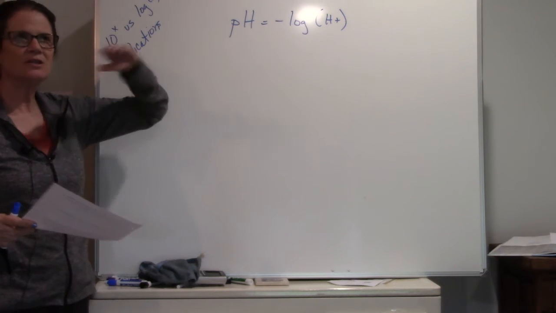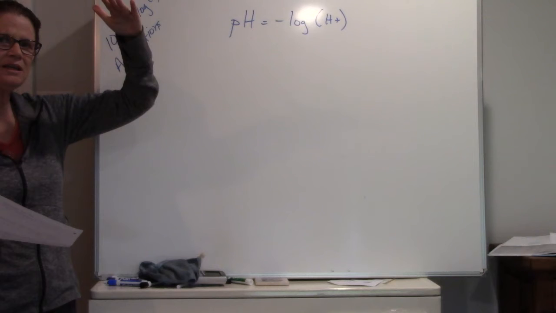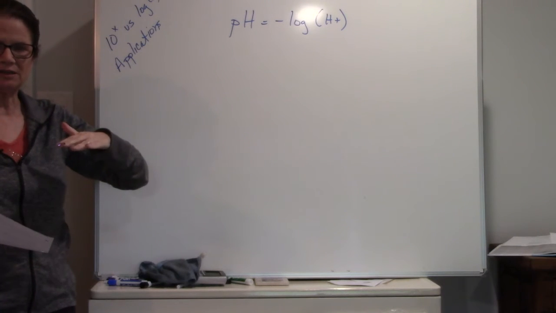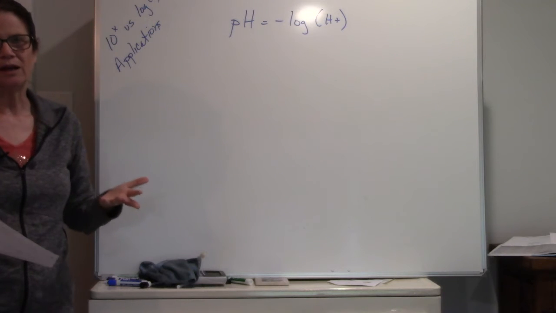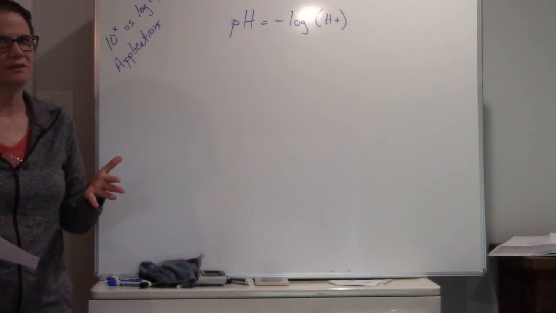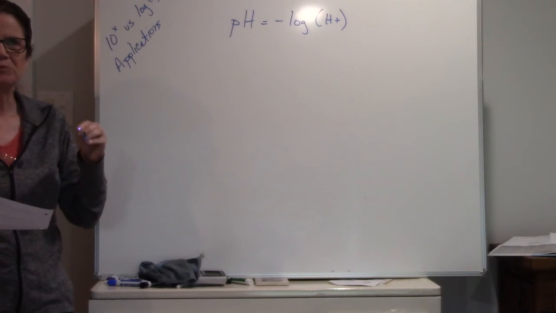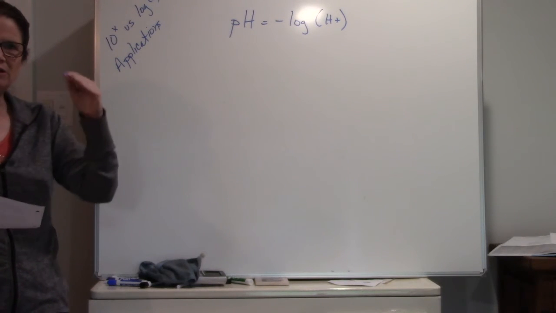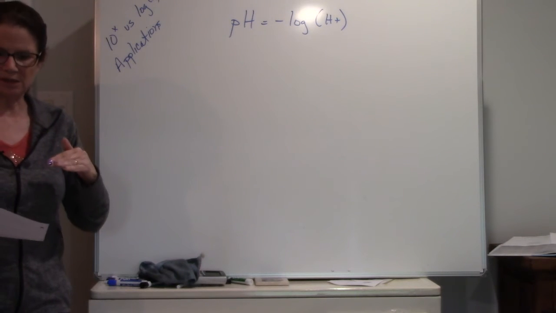pH is a scale that determines the acidity or the alkalinity of certain products. So for instance, if you think of a lemon is pretty acidic, okay? So it is going to have a lower number than 7. So anything below 7 on the pH scale is pretty acidic.